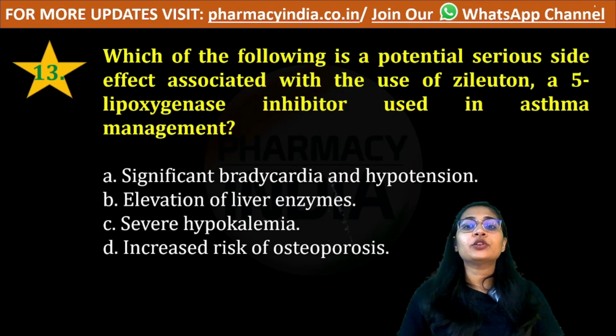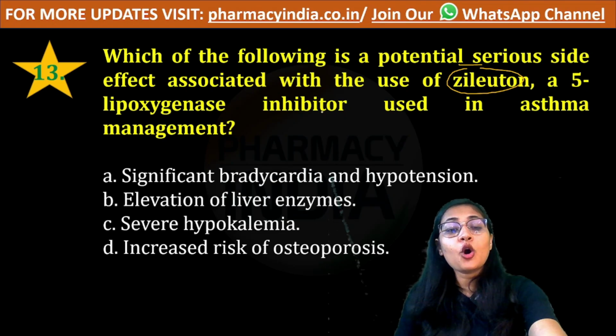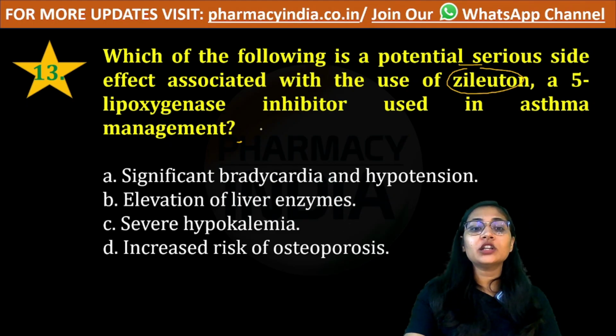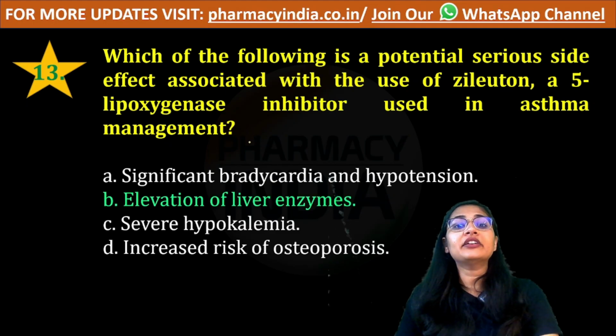Question number 13. Which of the following is a potential serious side effect associated with the use of Xylitol, a 5-lipoxygenase inhibitor used in asthma management? So the correct answer is option B, that is elevation of liver enzyme.